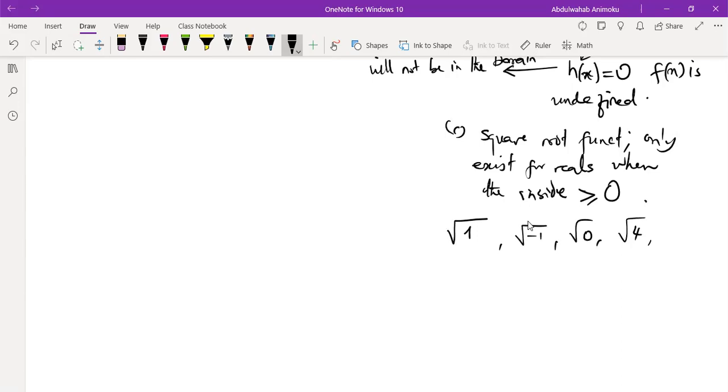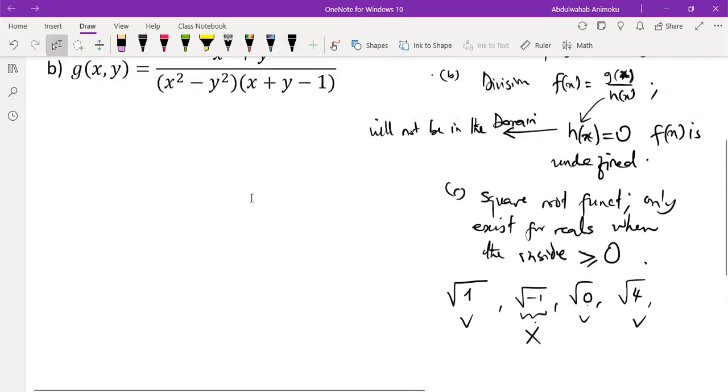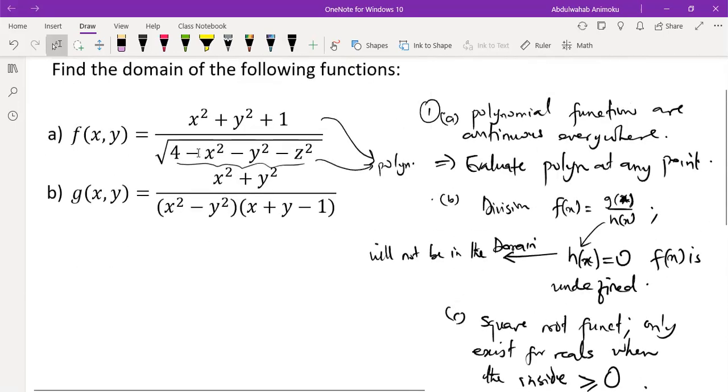Now notice that we cannot find the square root of a negative number. For real numbers, if you check your calculator, this does not work. But yes, this works, and this works. So only when the inside of the square root is 0 or positive do we have a real square root. Okay. So these are the things that you need to take note of while we solve this problem. So let's just get started now on them.